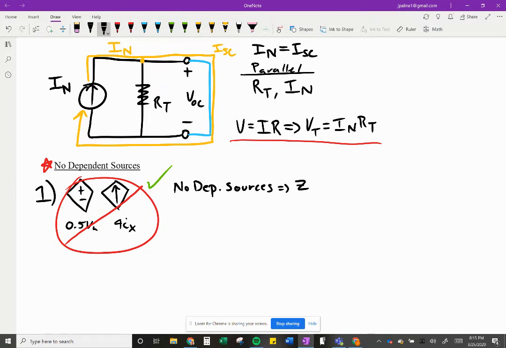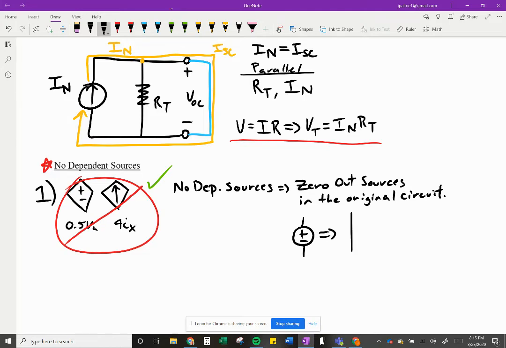Therefore, we can zero out sources in the original circuit. So what that means is we'll go to the original circuit, and everywhere that we see a battery, we'll take it and replace it with a regular wire.